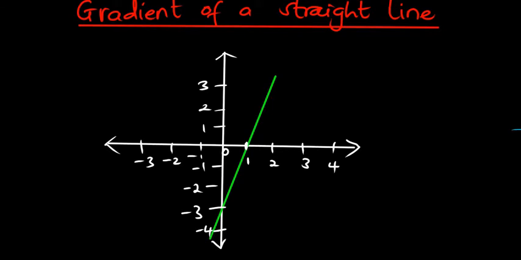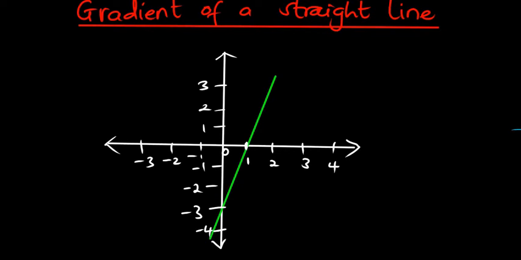So when we talk about the gradient, we are simply talking about the slope. So gradient is also known as the slope of a line. To get the gradient of a line, first we need to identify 2 points on that line. For example, for this line here, I'm going to identify 2 points.